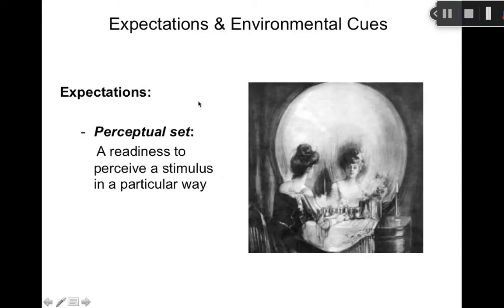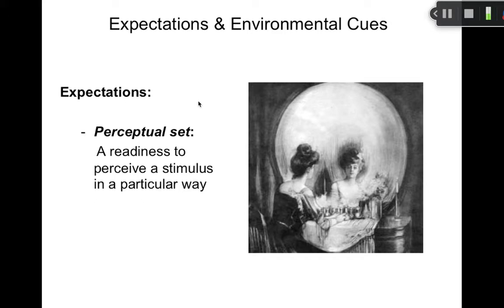This is the next bit about how different things influence our perceptual hypotheses. We're going to be looking at expectations, and also environmental cues that support our guessing about what's out there. Expectations we can think of as forming what's called a perceptual set, which is really a readiness to perceive a stimulus in a particular way.